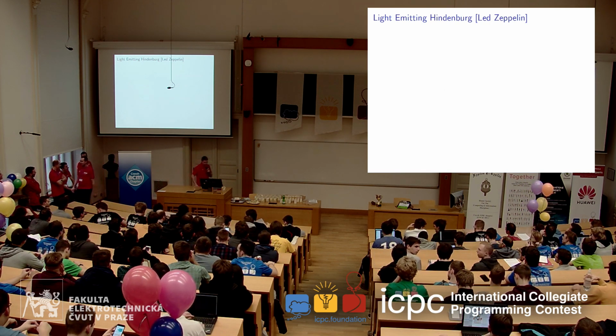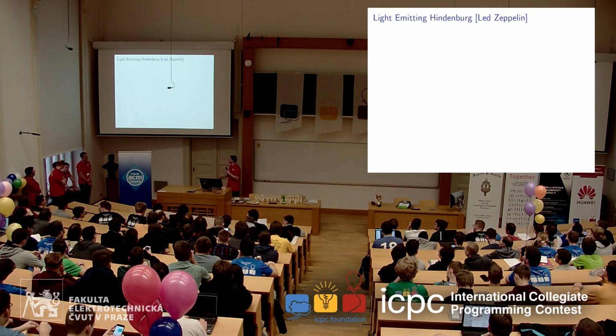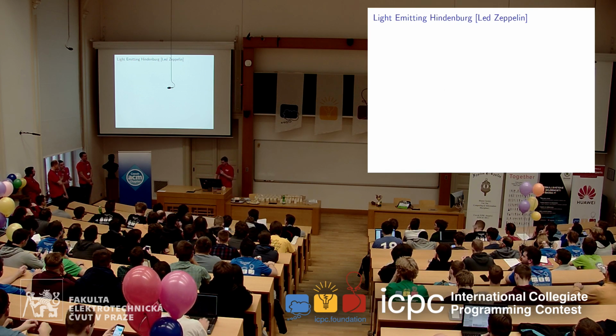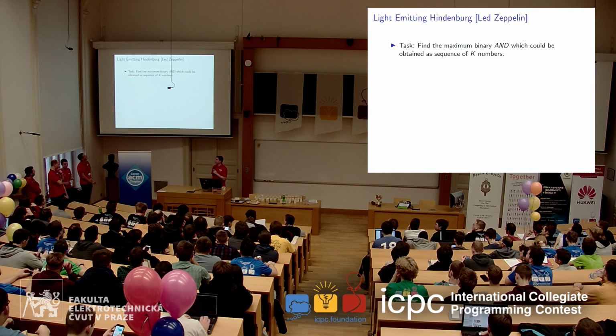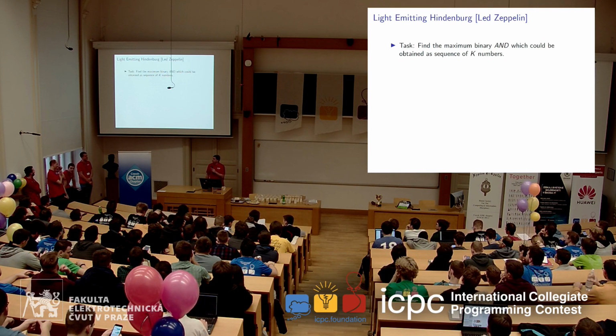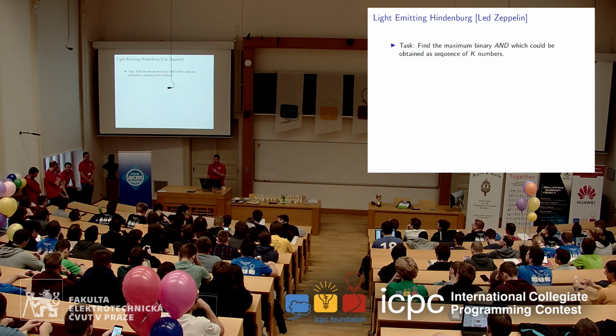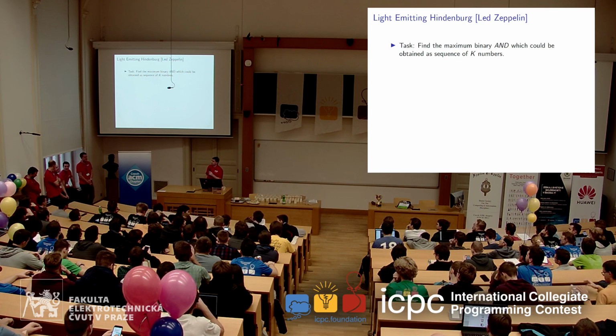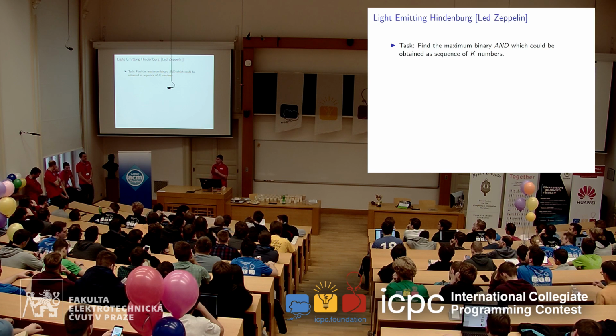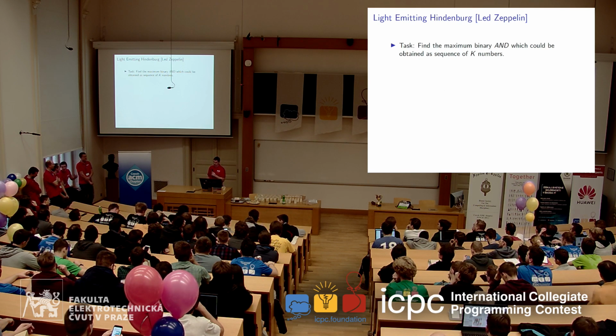Okay, so another task was Light Emitting Hindenburg. It was about searching for, I think, k numbers from an array, and the task was to find such numbers that their AND will be maximal.